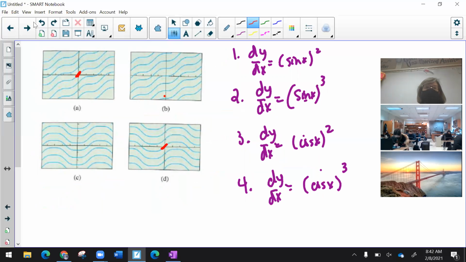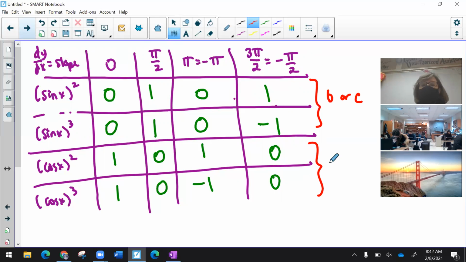So these are going to be A or D. Now, everybody good with where we are so far? If this was a multiple choice test, we've already got a 50-50 shot of getting it right.